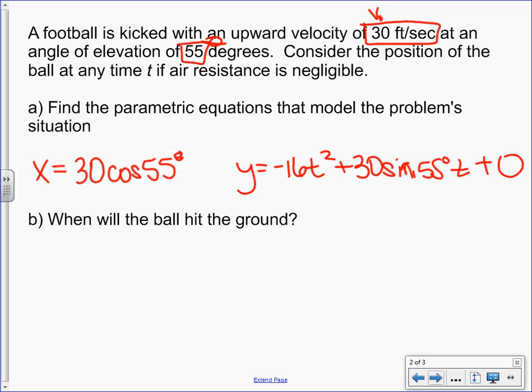You can write plus 0, but you wouldn't necessarily have to. Don't we have 30 times cosine 55 times t for x? Oh, yes. Thank you. My mind got distracted.